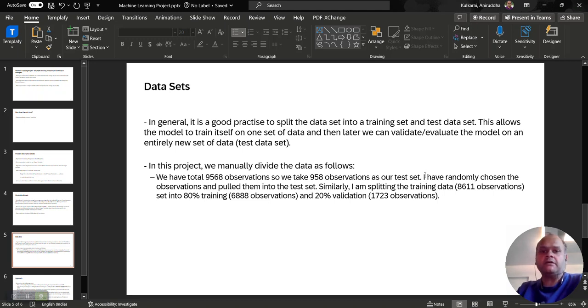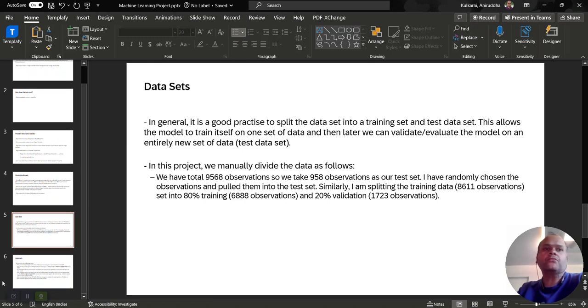So basically, it's entirely the training data, but we split it up into two further sets, training, which is about 80%, and 20% for validation. I'll go through why we do that in the remainder of my presentation. But basically, the data set is now divided into three sets: training, validation, and test set.